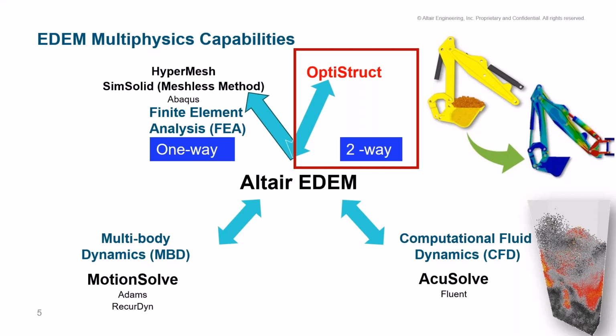To understand kinematic definitions, joint forces and other structural behavior, EDEM can be coupled with multi-body dynamics solvers such as MotionSolve, Adams, and RecurDyn as two-way. Earlier we had EDEM coupled with FEA solvers such as Abaqus, OptiStruct, and ANSYS as one-way. The new capability we are going to discuss is EDEM with OptiStruct two-way coupling.